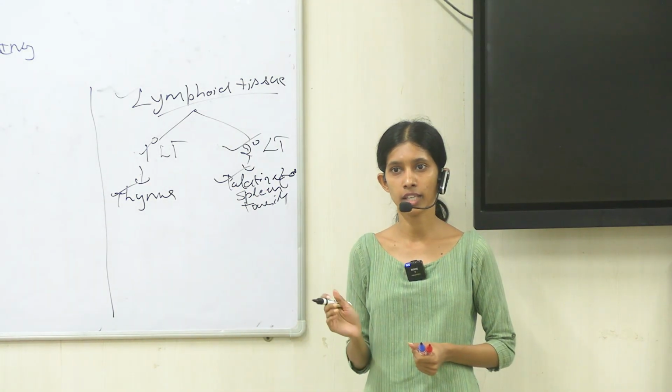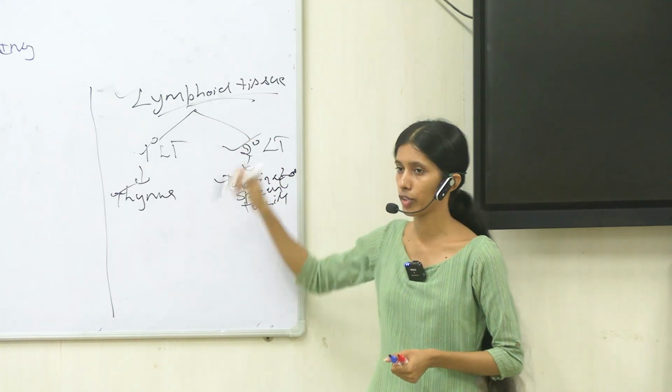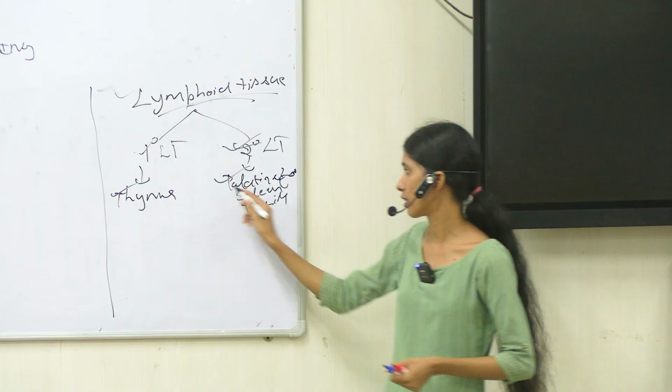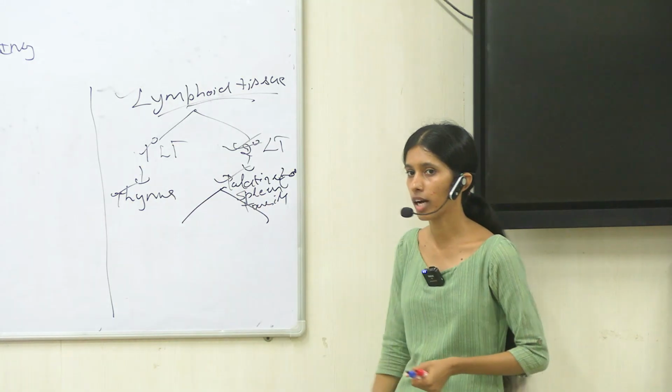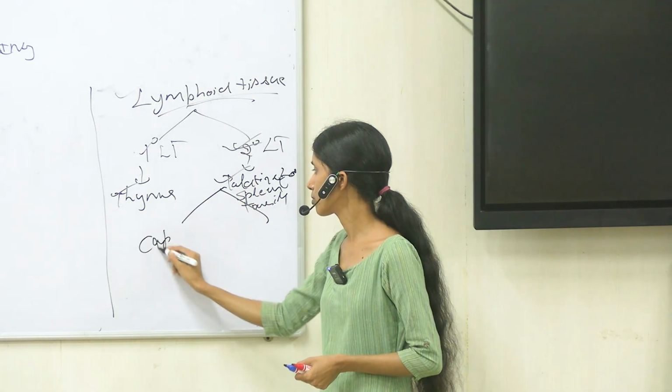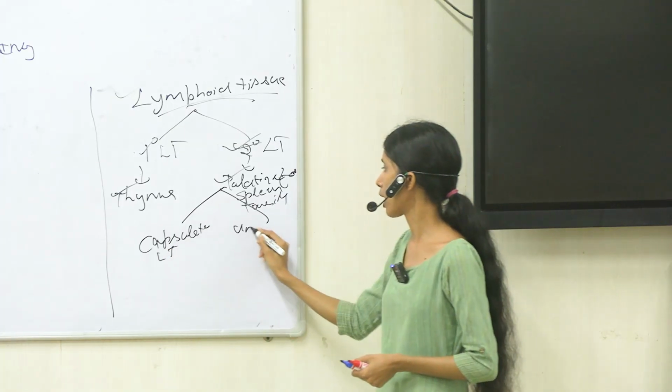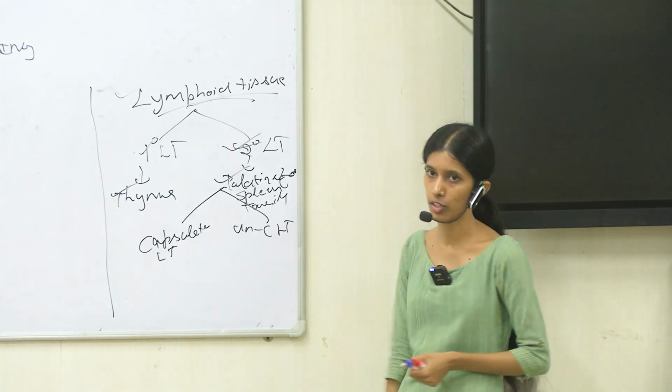Everyone just go and try to brush up the old topic lymphoid tissue, okay? In the secondary lymphoid tissue, we have two categories: capsulated lymphoid tissue and uncapsulated lymphoid tissue.